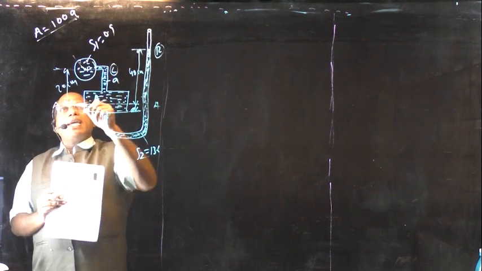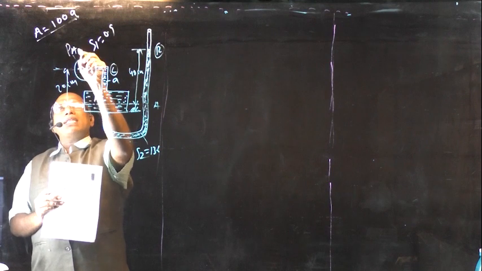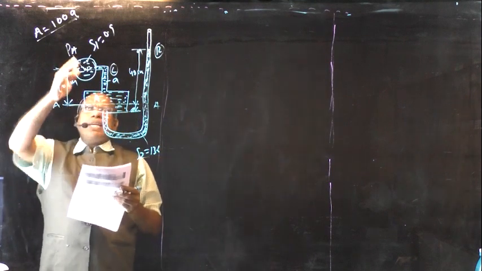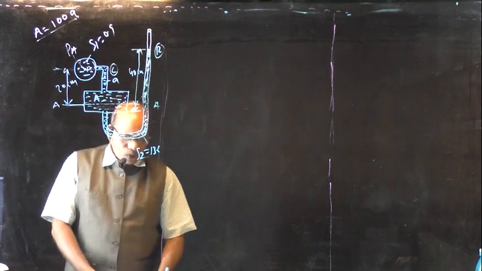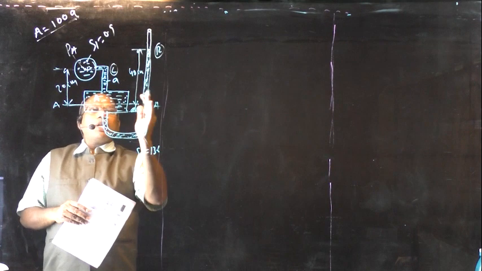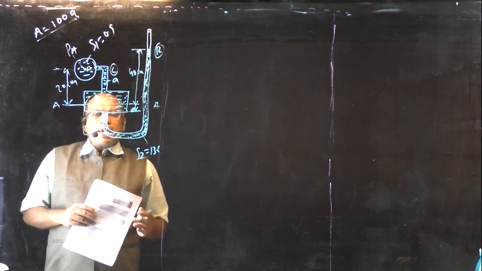Say this is point A, the pressure at point A is PA. Here also, equating the left side pressures to the right side pressures above the datum line AA.